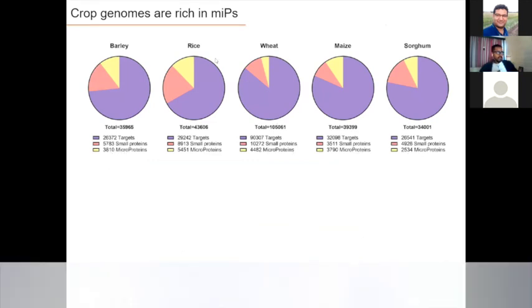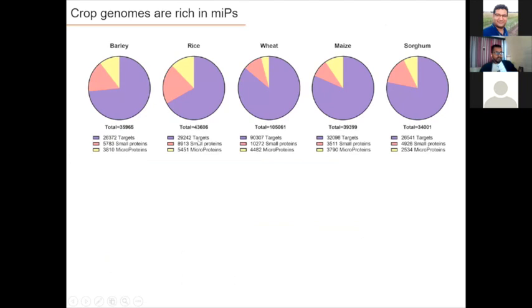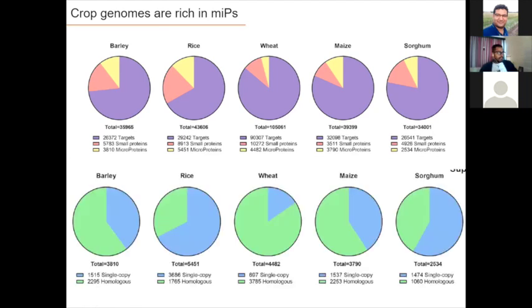For example, rice, which is one of the most consumed grains, is really rich in microproteins, and there are diverse pathways these microproteins are covering. And certainly some microproteins are single copy. They make more confident cases if you want to study them using CRISPR or maybe other ways. And then the number of homologs they have.